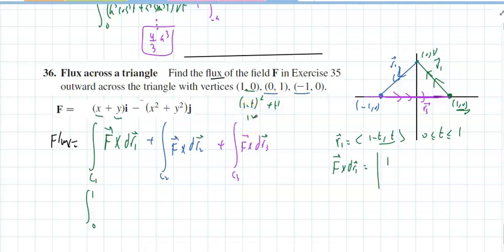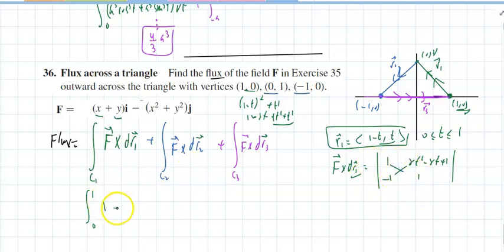That is 1 minus 2t squared plus t squared plus t squared. That is 2t squared minus 2t plus 1. And what's the derivative of that? dr. Derivative of that is negative 1, 1. So what would that be? That would be 1 minus that mess.